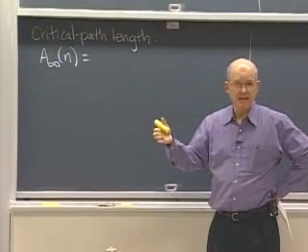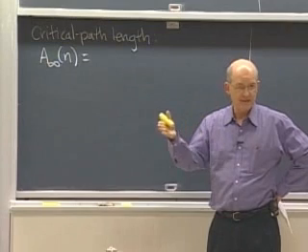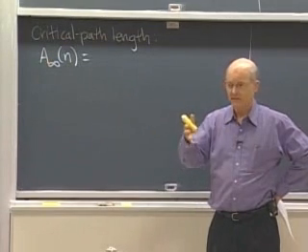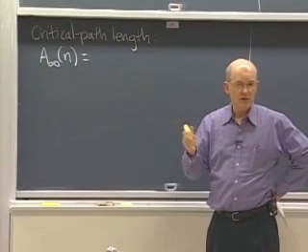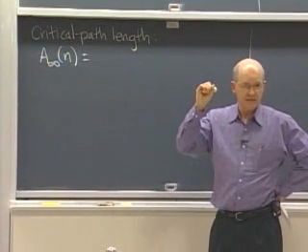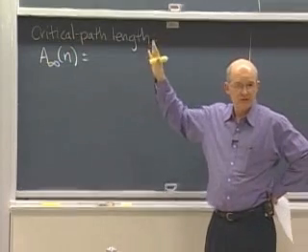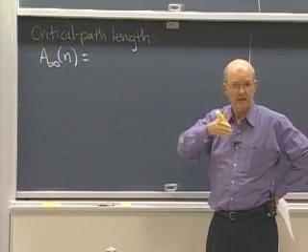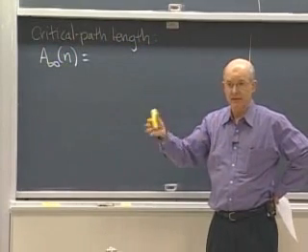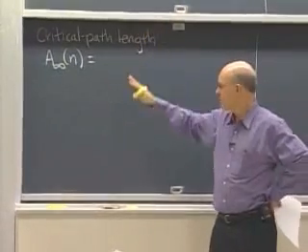In general, if I spawned off several things, I look at whichever one is going to have the maximum critical path for the things that I've spawned off. When we do work, we're usually doing plus when I have multiple subroutines. When we do critical path, I'm doing max. It's going to be the max over the critical paths of the subroutines that I call. And here they're all equal.